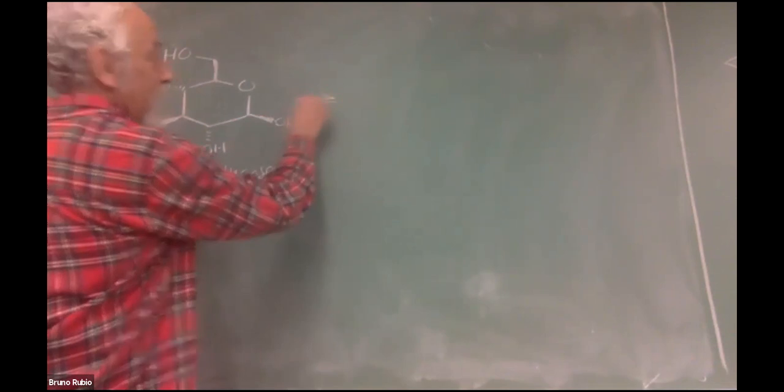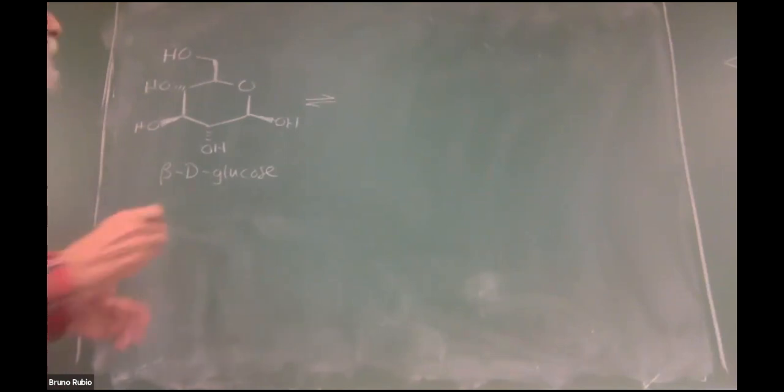So this is beta D glucose, and we know that it's a hemiacetal, and hemiacetals are in equilibrium with their carbonyl parent.